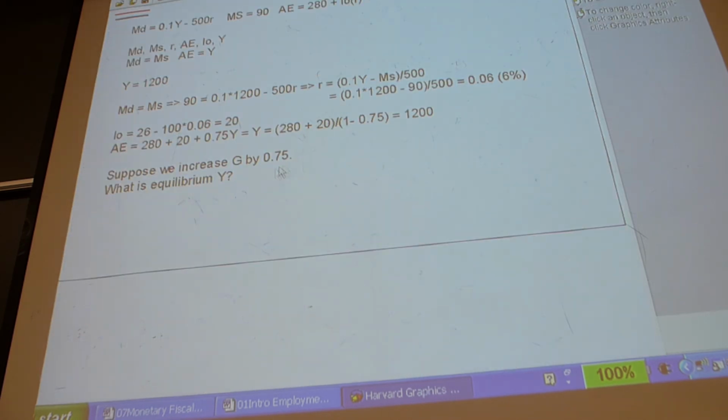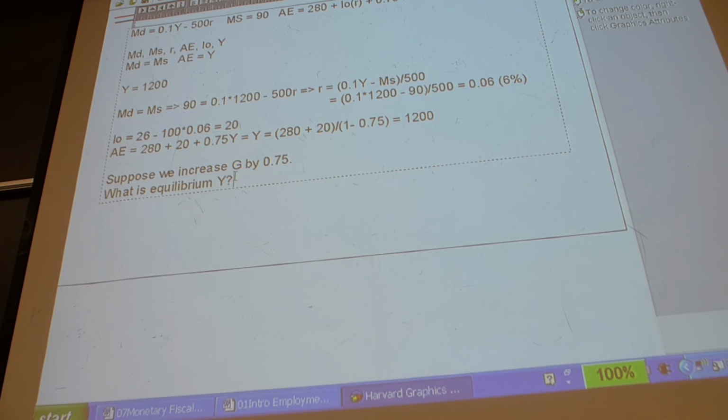Okay, so here we are. Now then, AE equals 280 plus 0.75 plus our original IO, which is 20, plus 0.75Y, which implies equilibrium Y. Notice I just skipped to the chase here.